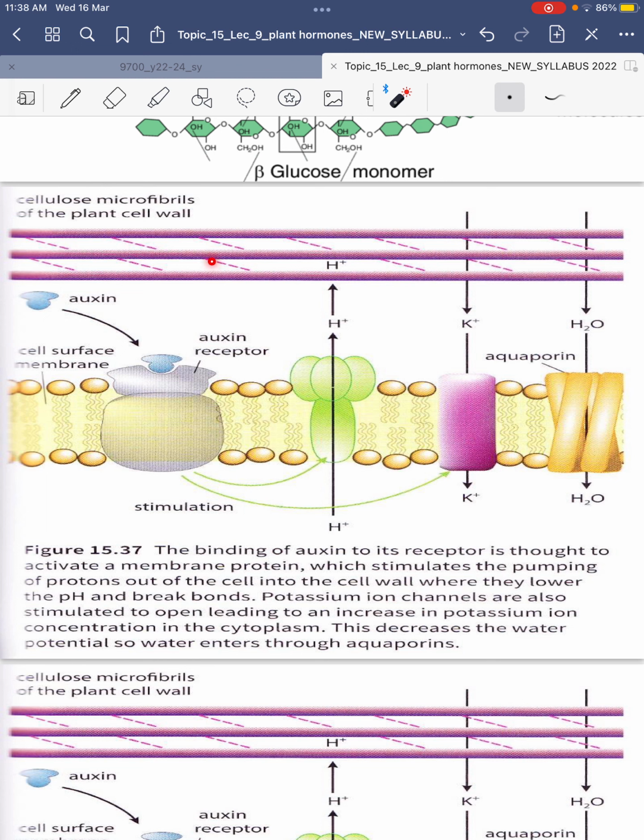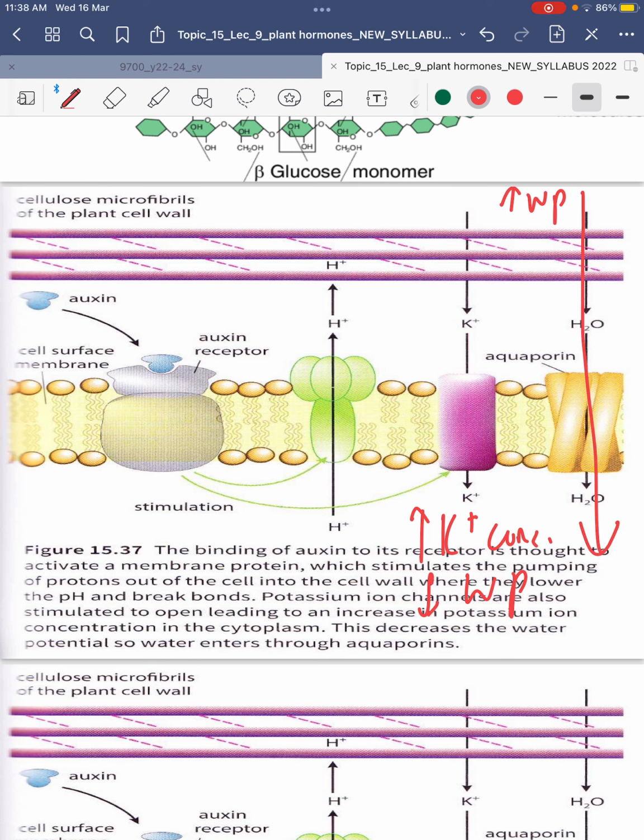which has another effect because the pH will lower. But apart from that, when the auxin binds here, protons are pumped from the cytoplasm to the cell wall, and then there is the entry of potassium. So with the entry of potassium, there is a high potassium concentration, which means low water potential, so now water can pass through even more.